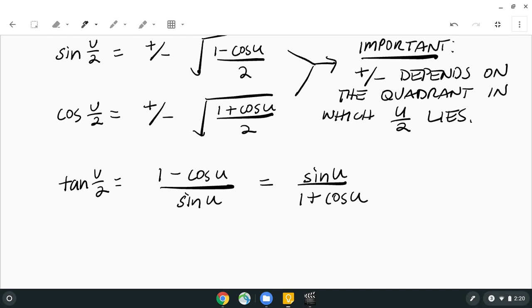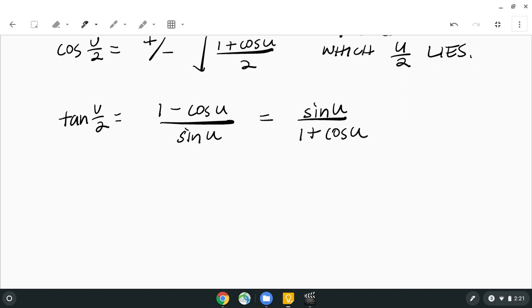Because remember, sine is positive in quadrants 1 and 2, but negative in quadrants 3 and 4. Cosine is positive in quadrants 1 and 4, but is negative in quadrants 2 and 3. So depending on where your half angle lies.